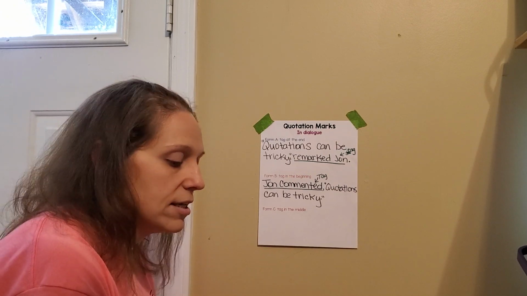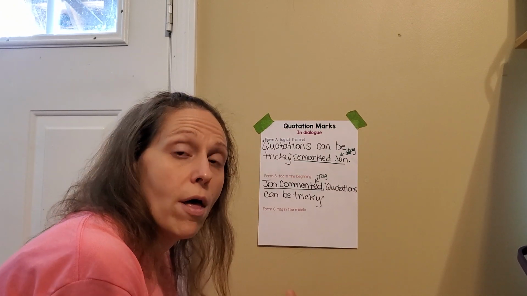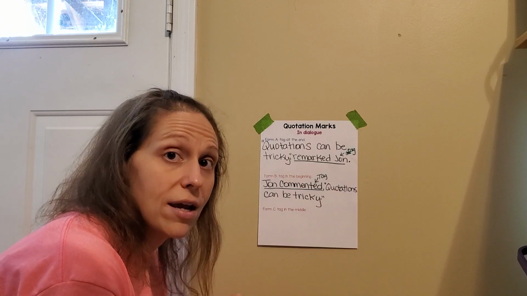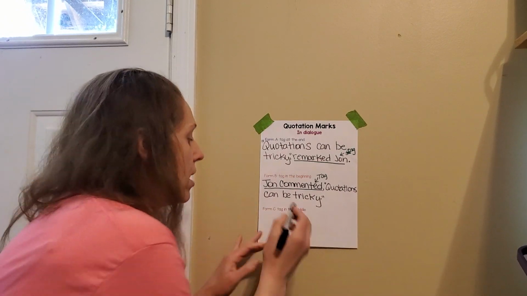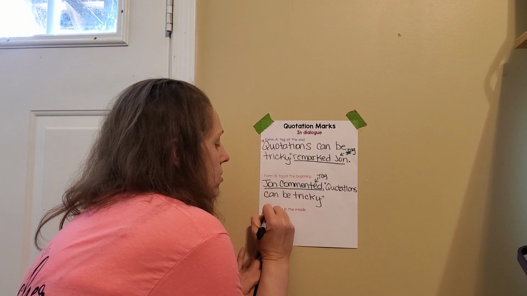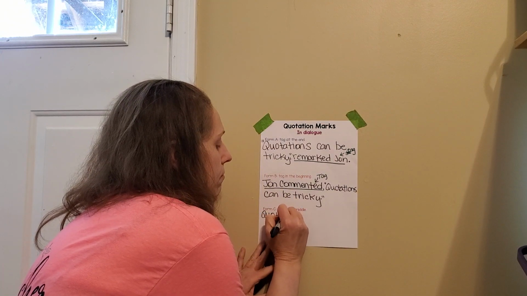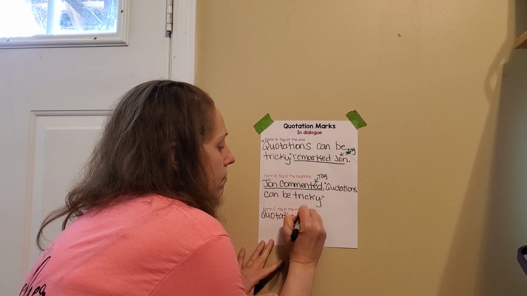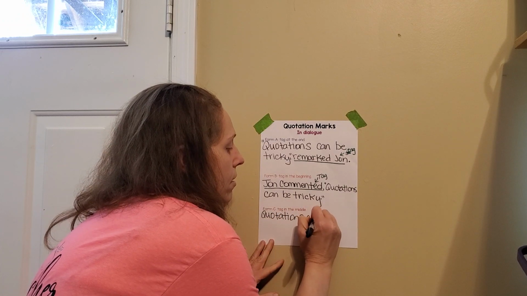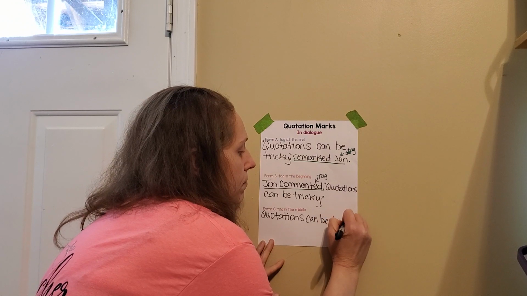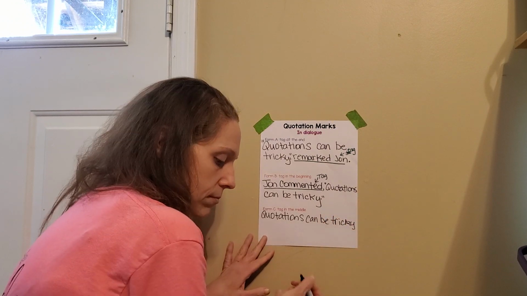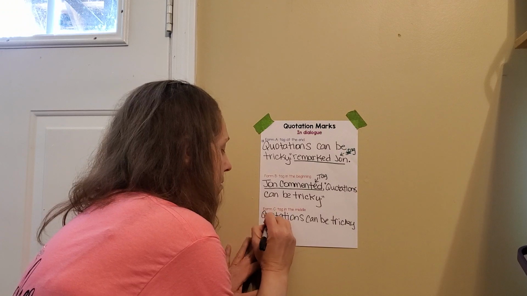Now, here's an example of our tag coming in the middle. That means we learn who is talking in the middle of the conversation. So, quotations can be tricky, John stated.